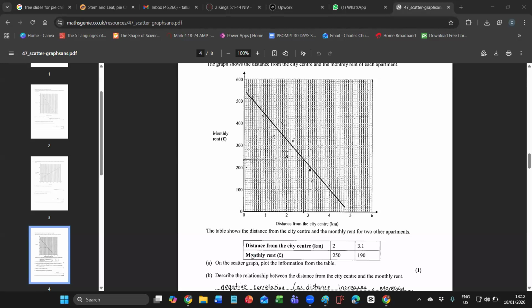And then would this one be around, hold on, let me use my marker. Okay, go ahead. This one would be around here, I think. The 3.1 at 190.